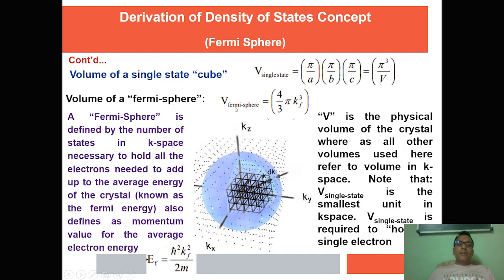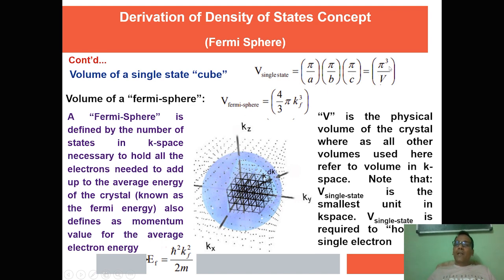We will start another concept related to the Fermi sphere, but before this, the volume of a single state, that is the cubic state, is pi by a, for n equal to 1, kx multiplied by ky multiplied by kz. So this is pi by a, pi by b, pi by c.